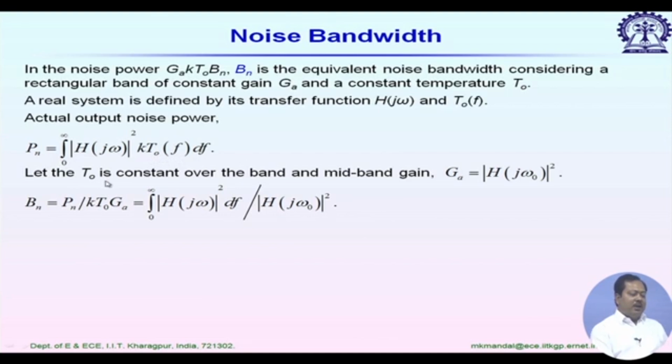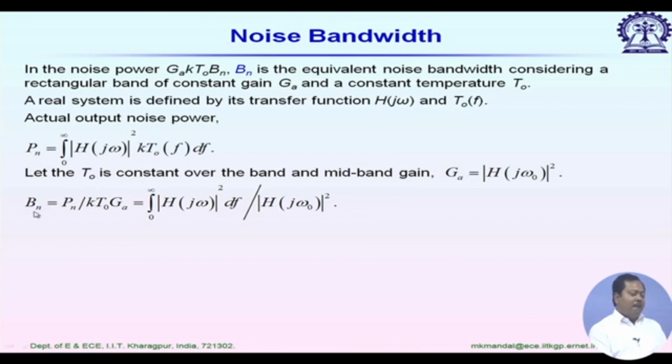If T naught is constant over the band, and the mid band gain is Ga equal to |h(j omega naught)| squared, we assume T naught constant, otherwise it becomes complicated, for simplification.